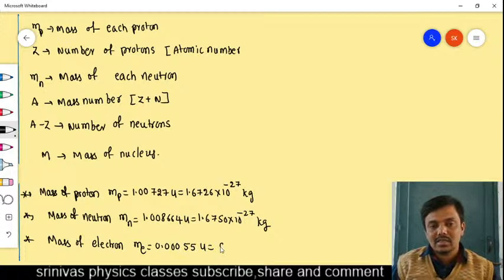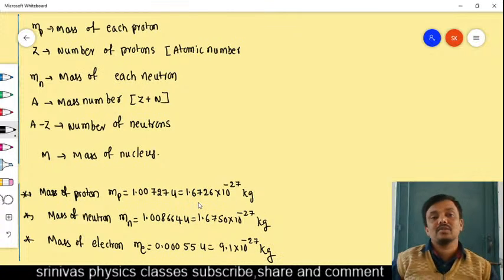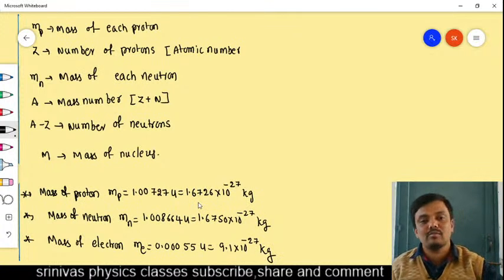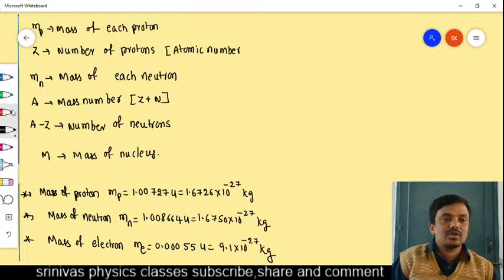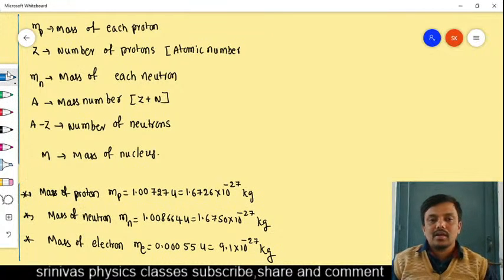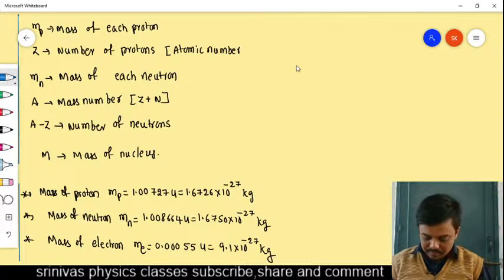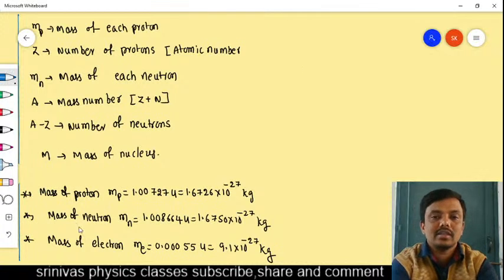In kgs, 9.1 into 10 to the power of minus 31 kg. In kgs you have to write this many zeros before the one comes. That's why we are measuring in AMUs. Okay students, now listen very carefully. I'm going to continue, and the next topic is binding energy, right? I will take this also to the left side.